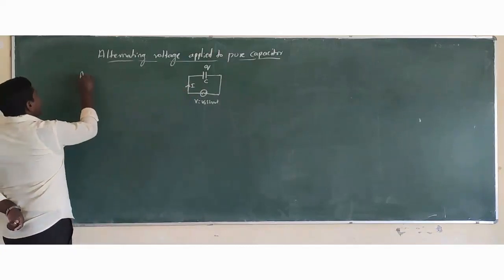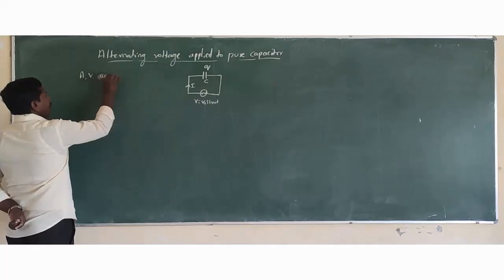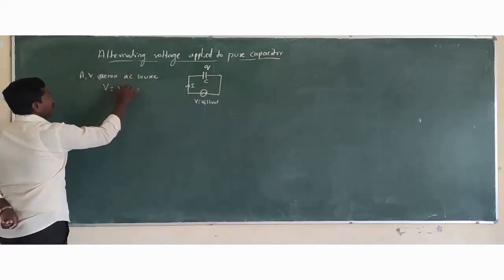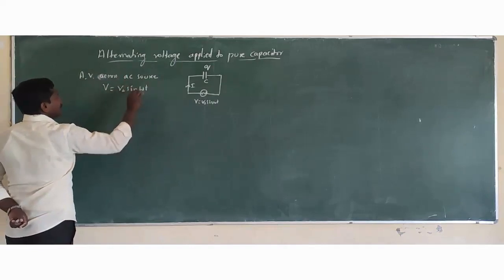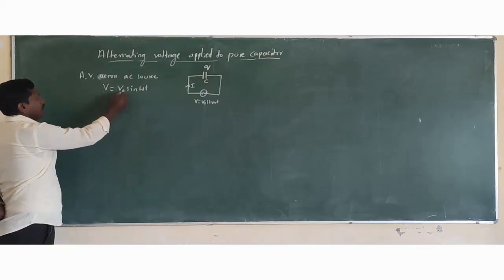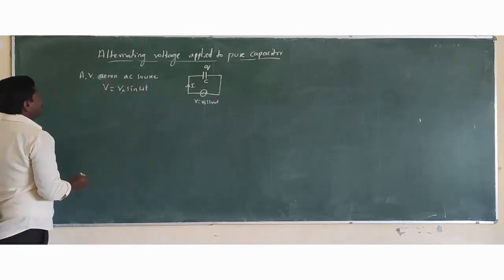Now the alternating voltage across the AC source is equal to V naught sine omega t, where V represents the instantaneous value, V naught the peak value, and omega represents angular frequency.